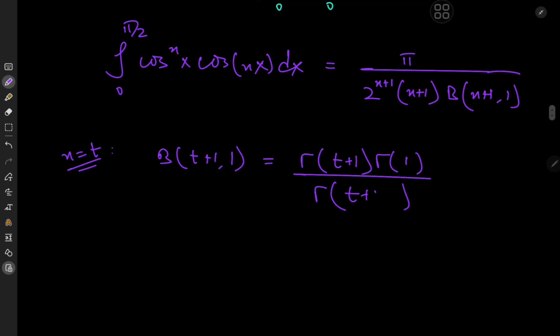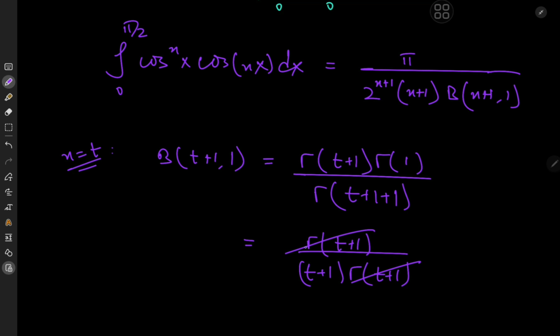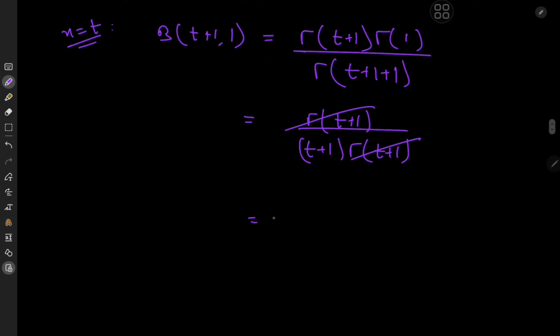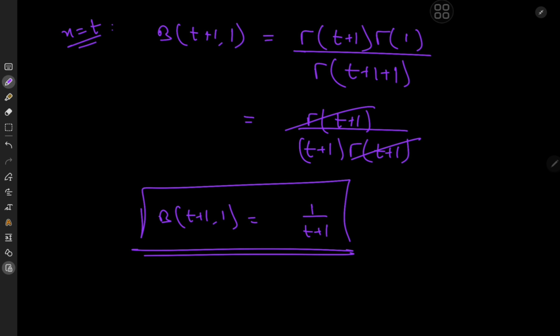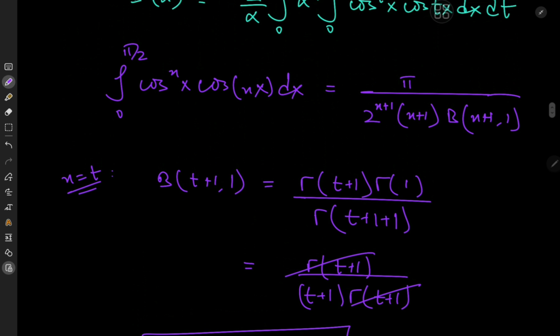And of course, this can be written again as t plus 1 times gamma t plus 1, because we can make use of the recursion formula for the gamma function. Gamma 1 is just 0 factorial, or 1. So we have gamma t plus 1 divided by t plus 1 times gamma t plus 1, and some cancellation taking place, meaning that we have 1 by t plus 1. Okay, cool. That's what our beta function looks like.